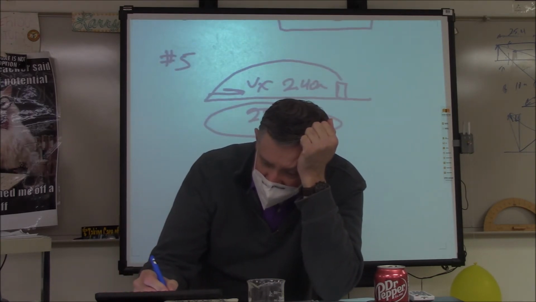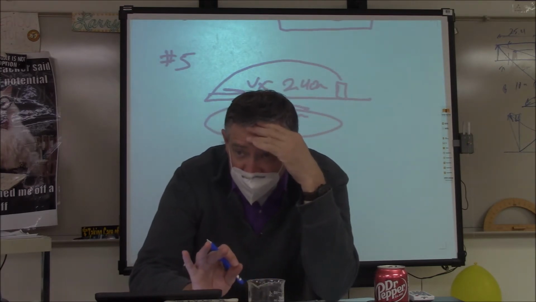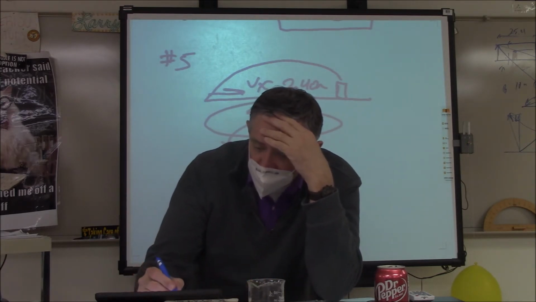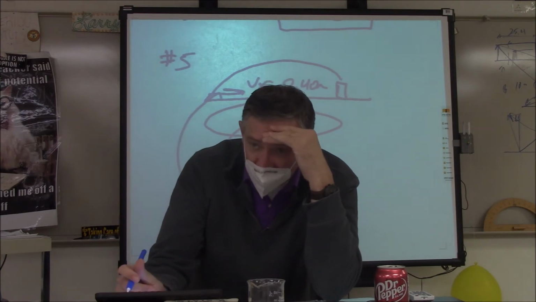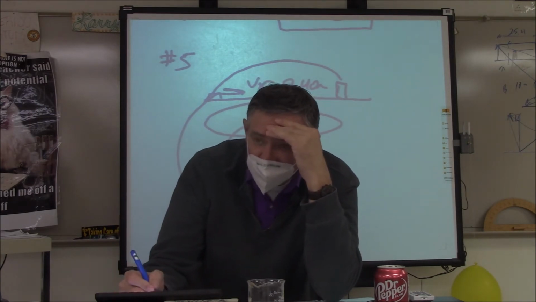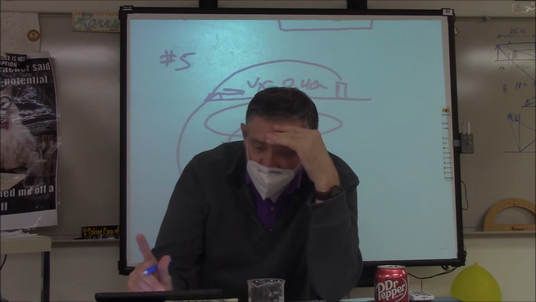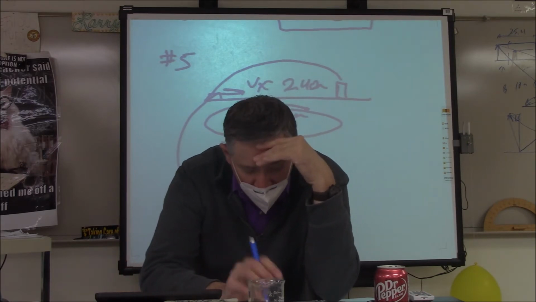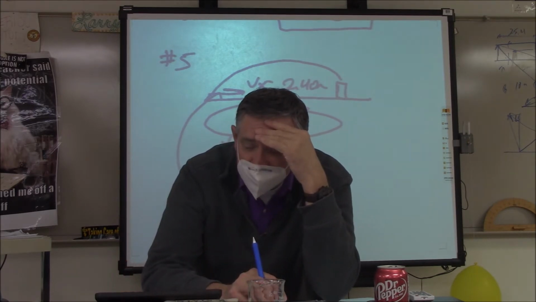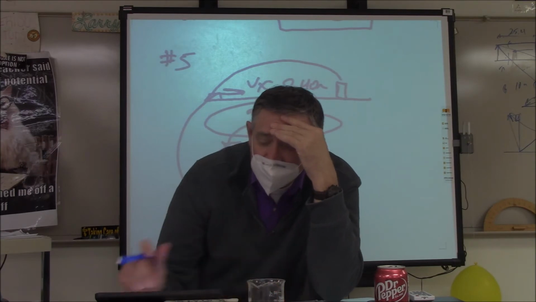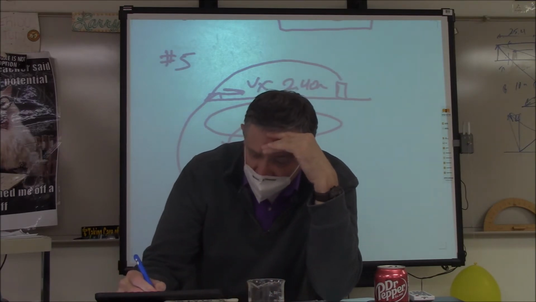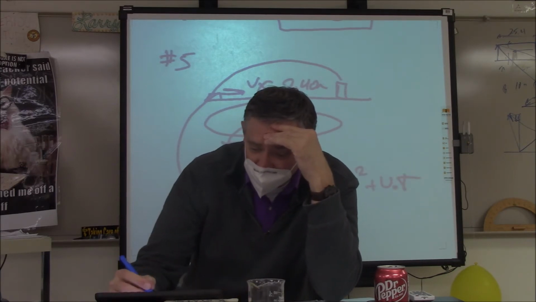So, you know range equals Vx time. You know how far you want it to go. You know the horizontal component of the velocity. So then you can find your time. Then what are you going to do with the time, Matt? You're going to insert it into your distance equals 1/2 a t squared plus V naught time.